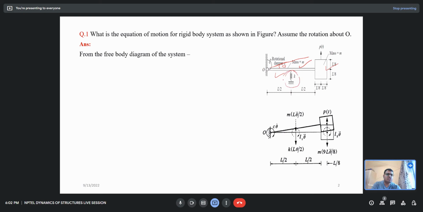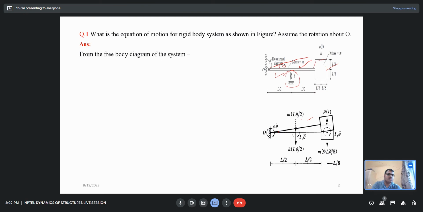stiffness force in the spring, which is resisting, which is this one. If this is a theta rotation, what would be this distance? That would be theta into L by 2. And the stiffness force will be K into L theta by 2. Now, if I give the deflection to this rod, there is a deflection in the mass also.